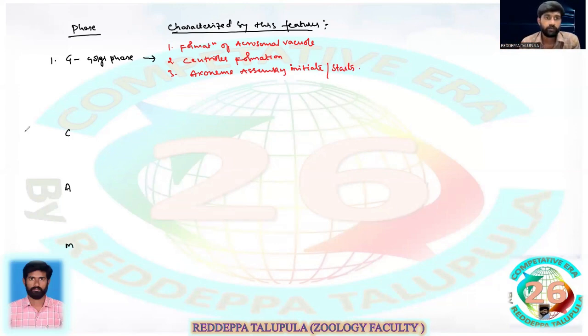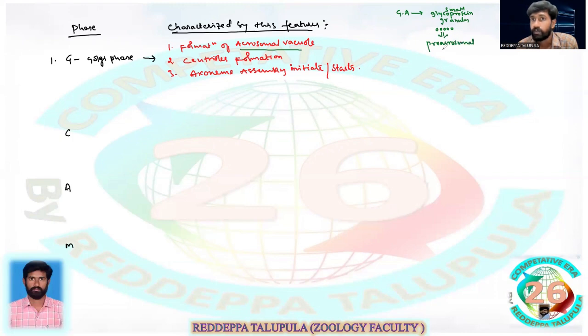First, I will discuss the formation of the acrosomal vacuole. The Golgi apparatus produces small glycoprotein granules, which are called pre-acrosomal granules.